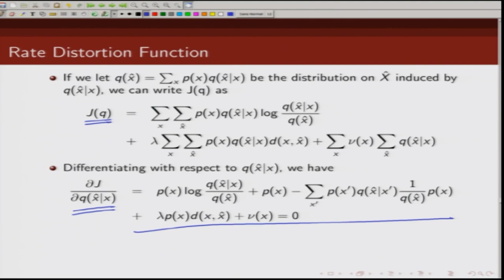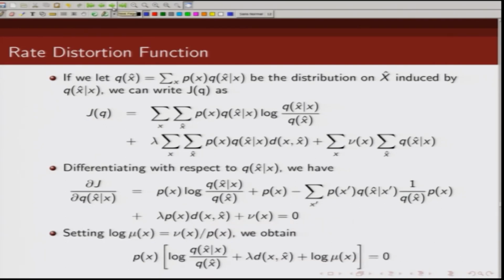So, p of x log of q of x hat given x by q of x hat, plus p of x minus summation of p x prime q x hat given x prime, into 1 by q x hat into p x, plus lambda times p x and this distortion between x and x hat, plus mu of x is equal to 0. Now, setting log of mu x to be v x by p x, from here we get this condition.